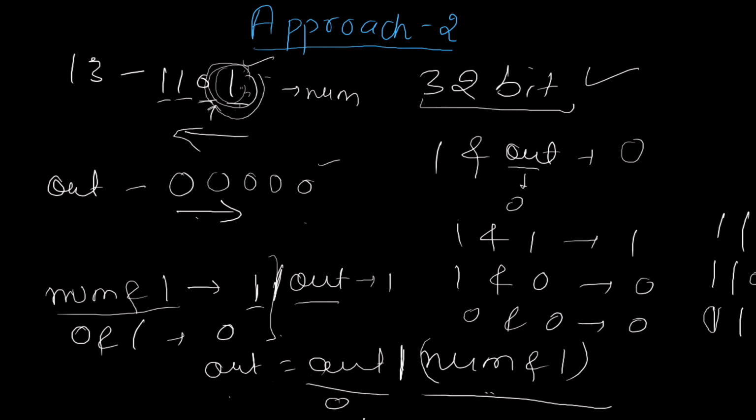So in that way we can formulate our solution or algorithm something like this. So for i from 1 to 32, this is inclusive.